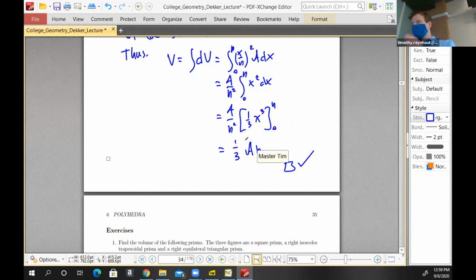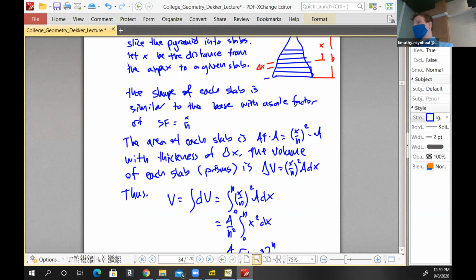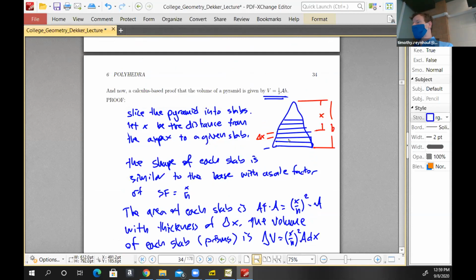There are different ways that you might come up with this. Of course, if you wanted to go back to Calc 2 techniques, this lines up very well with what's in Calc 2, where you can calculate the volume of an object as the integral of the cross-sectional area.